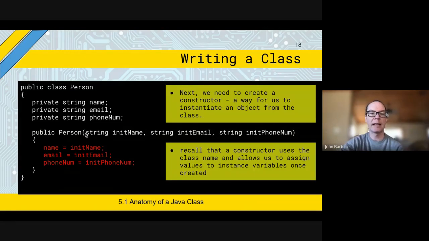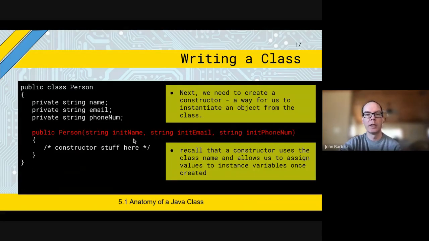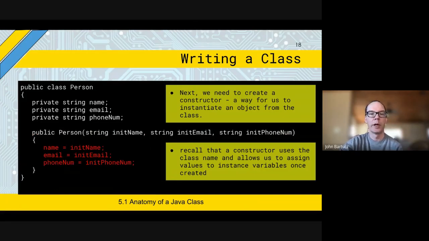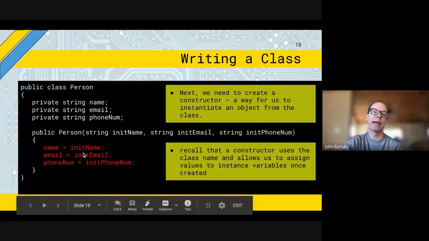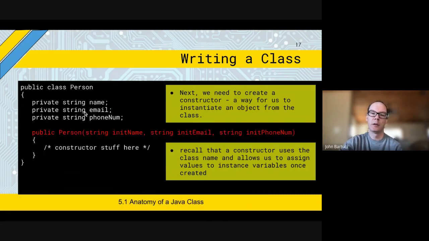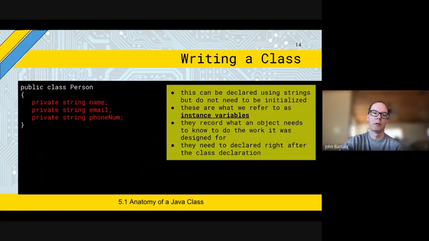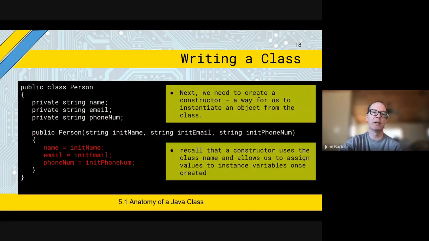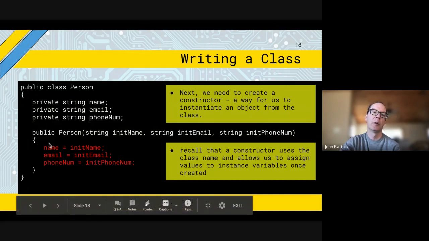So when they pass in these parameters, init name, init email, init phone num, we can immediately set the name, email, and phone number, these private variables here, in the constructor because we're in the same class.